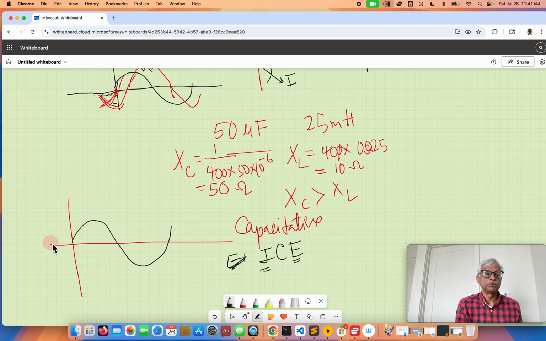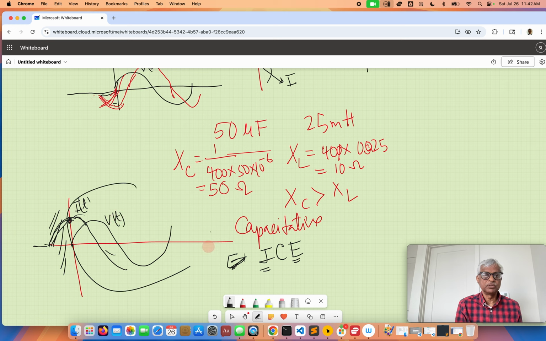So current zero will be before this guy's zero. Current zero will be over here, and it will be sine, so it's going to be like that. This is t equal to 0. This part is not given to us. So this is where I'm going to see the current function, and this is the voltage function, and there's only one of those plots like that.